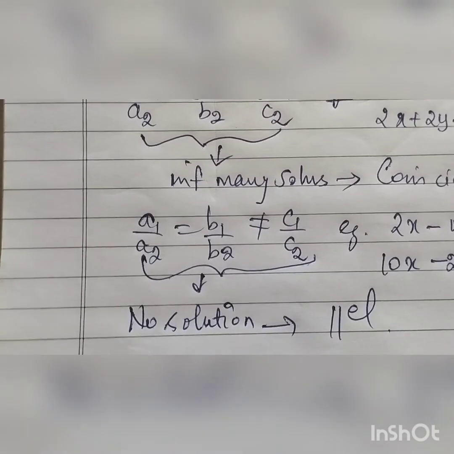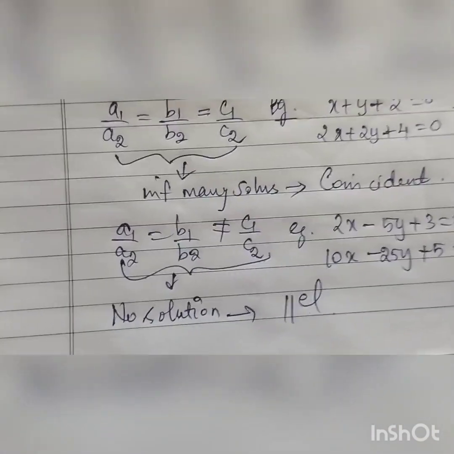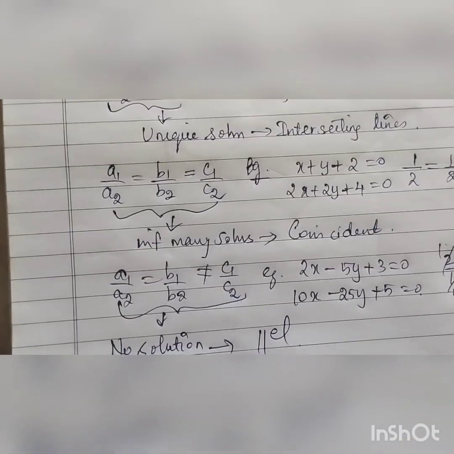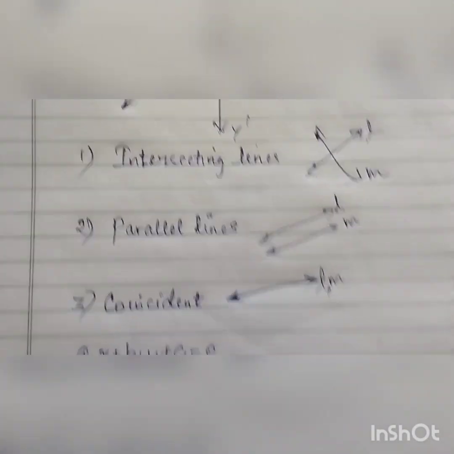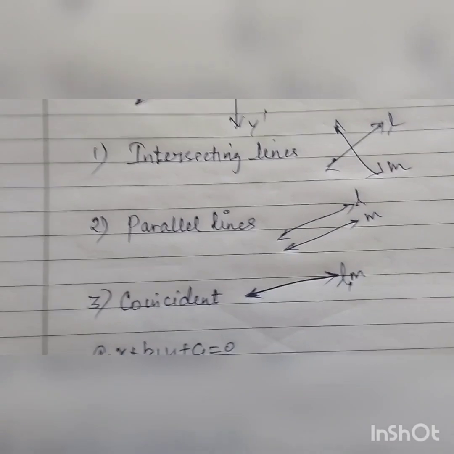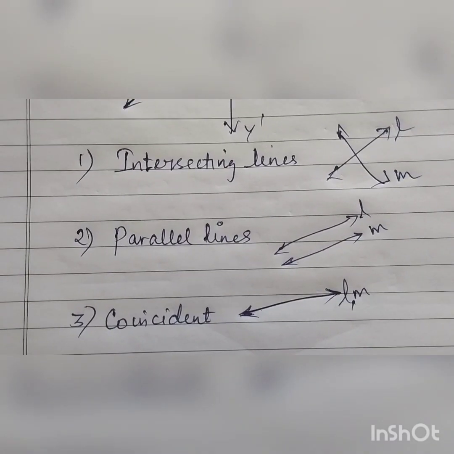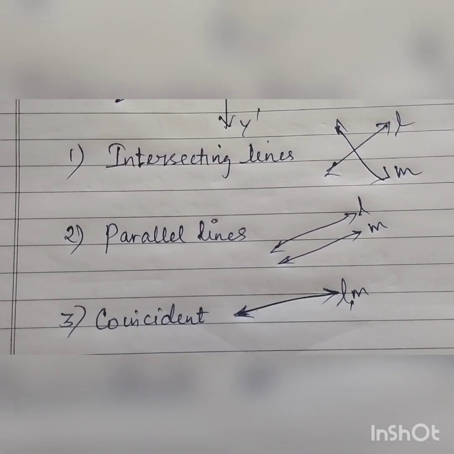So today we have seen the pair of linear equations in two variables. Three cases are possible when I draw the pair of linear equations graphically: intersecting lines, parallel lines and coincident lines.